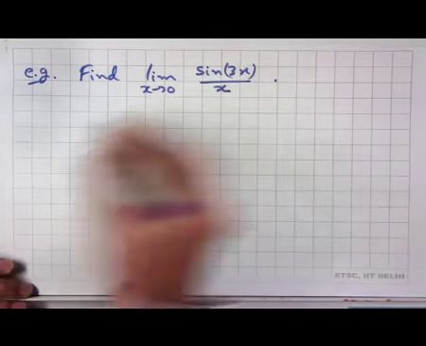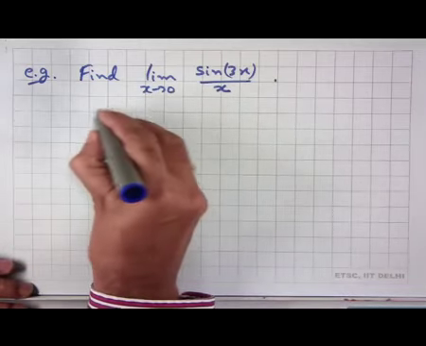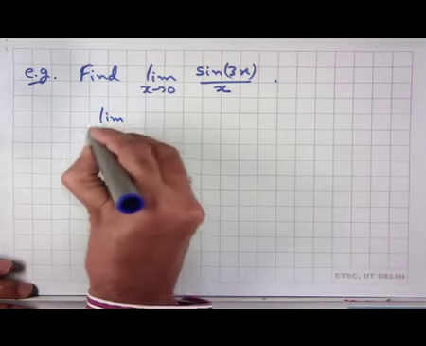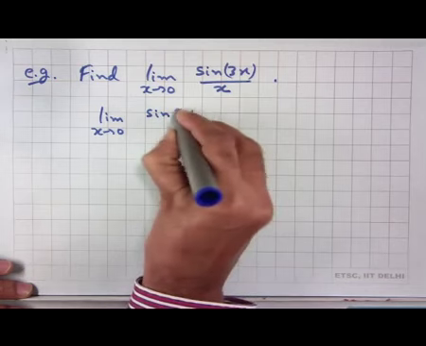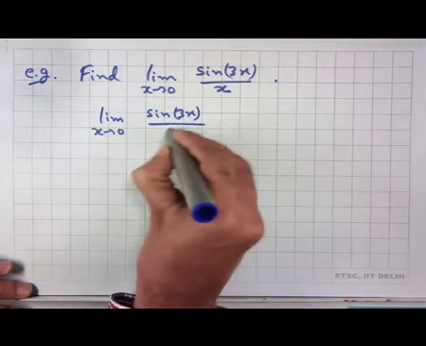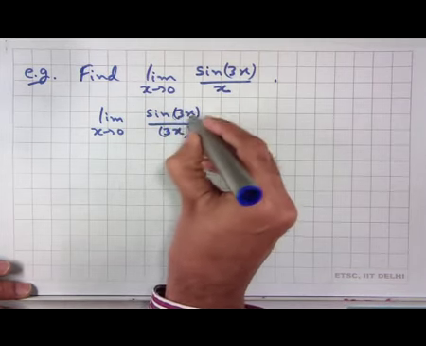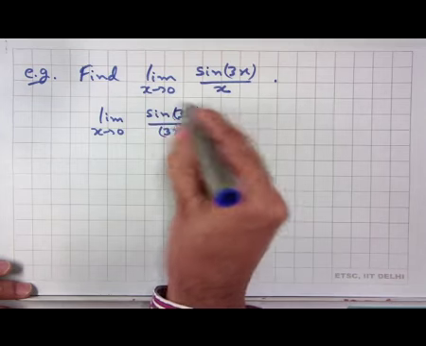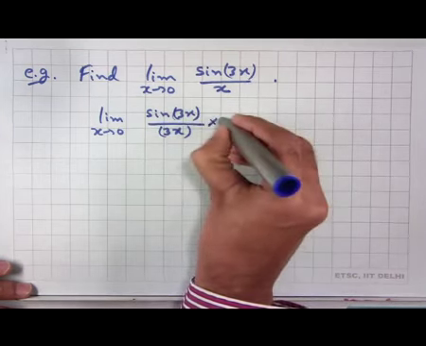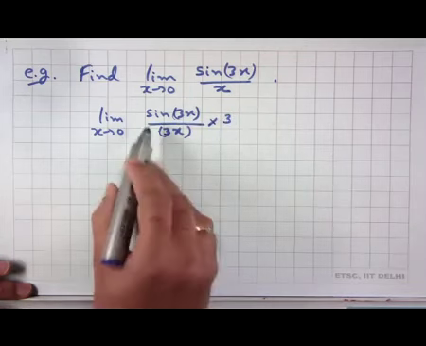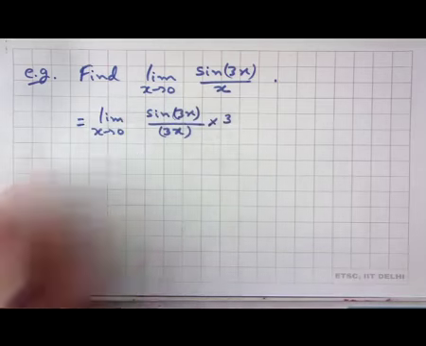Here we need to use the same thing. So we write the limit as x goes to 0 of sin 3x divided by 3x. If I write 3x, then whatever is inside sin, I am dividing by that. This limit is equal to 1, but then I have to multiply by 3 to get this same function.